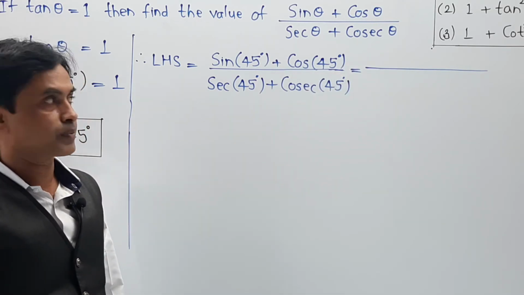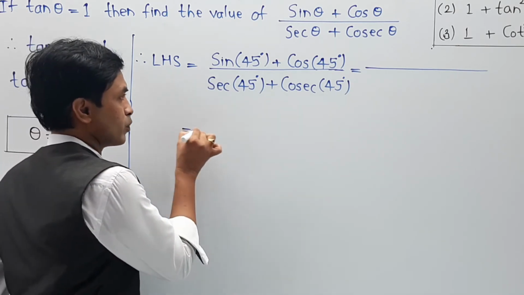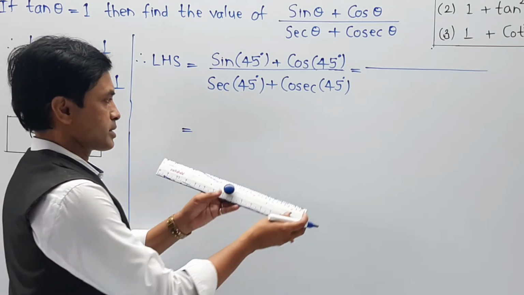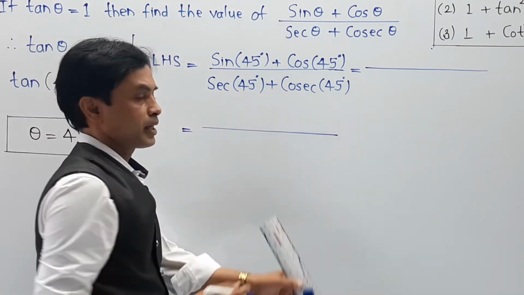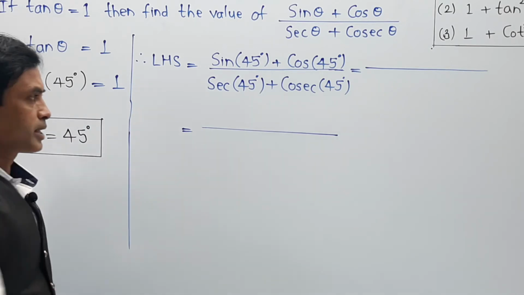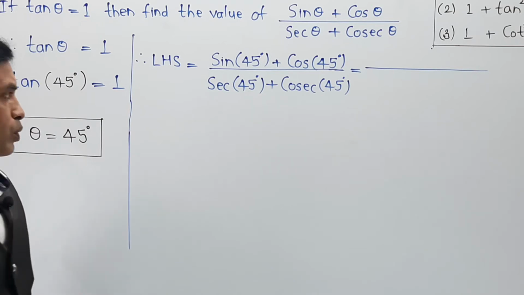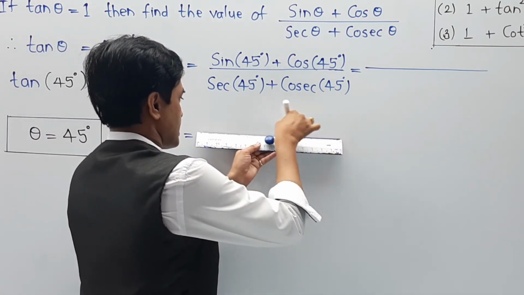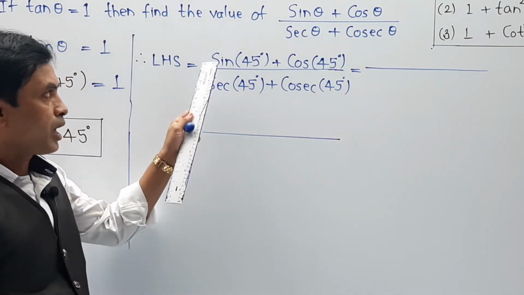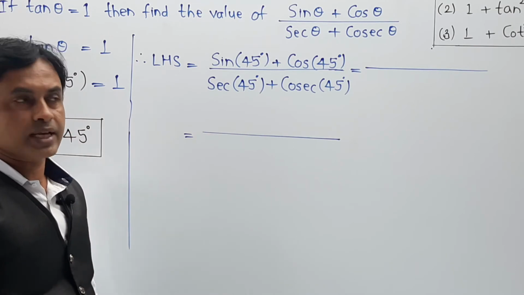Now your evaluation, one by one, is most important, and again you have to take the values from your table. Here you should know the values of sin 45 degree. What exactly is sin 45?